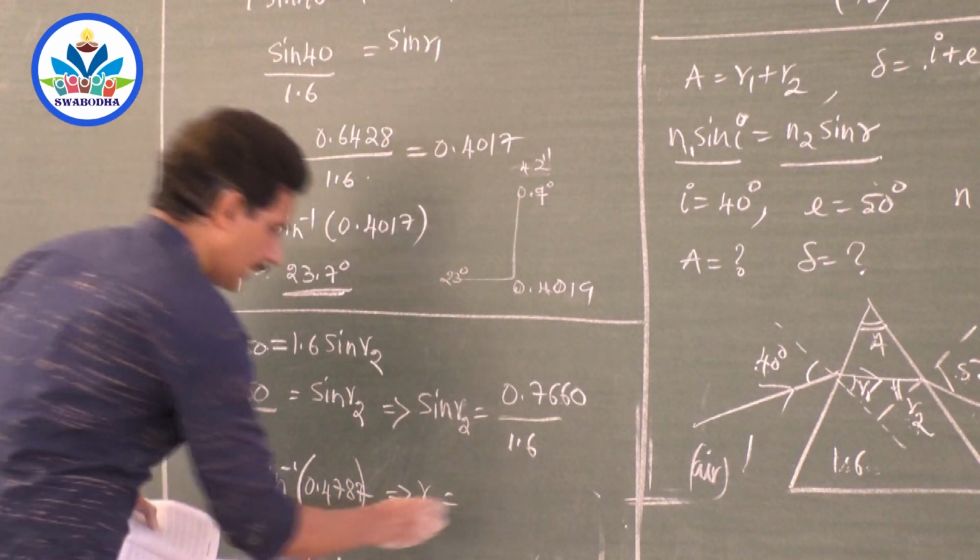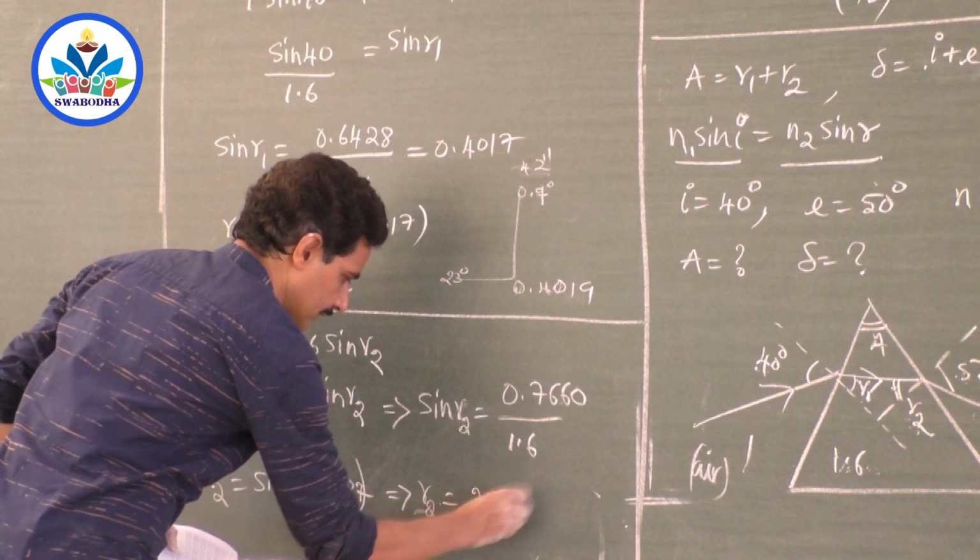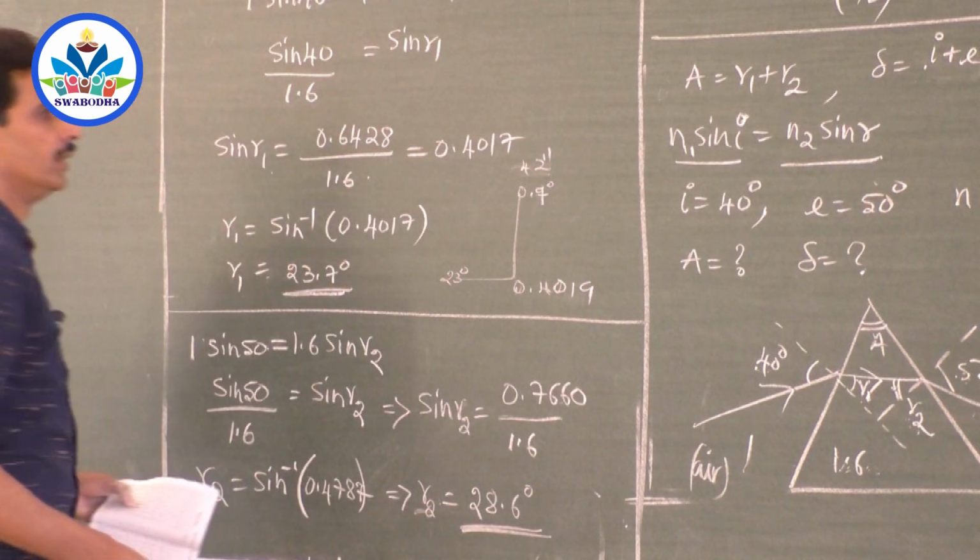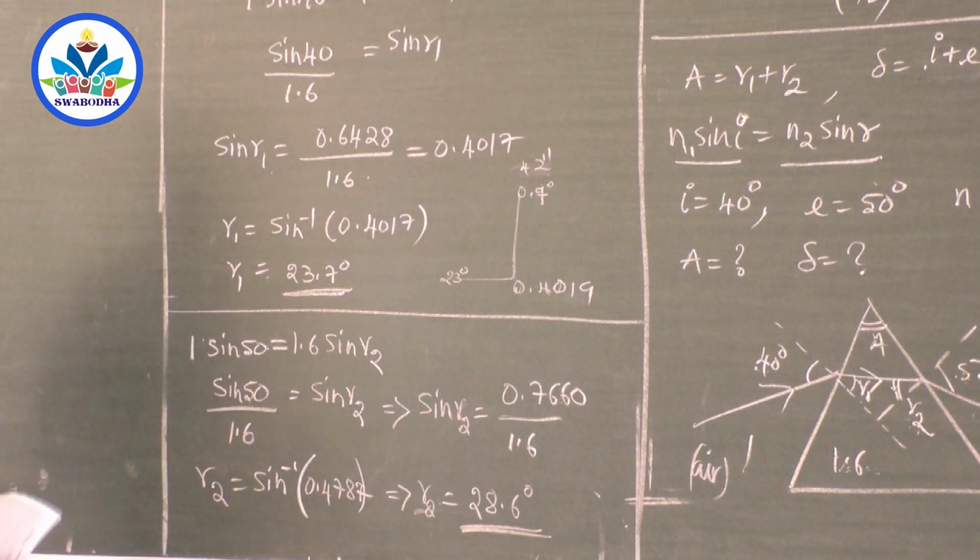So 28.6 degrees. This is R2. 28 degree row and 0.6 degree column. 0.4787, same number you have. If there is no such number, you go to the nearest one. That is enough. Okay, 28.6 degrees.